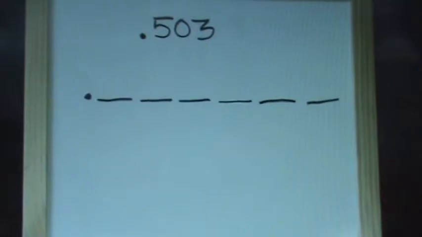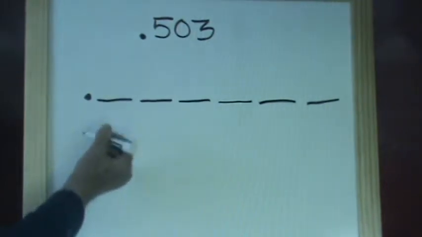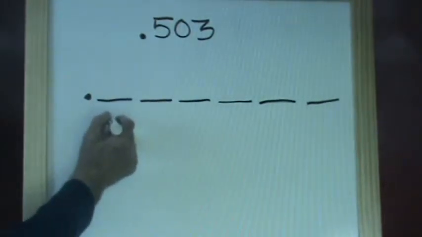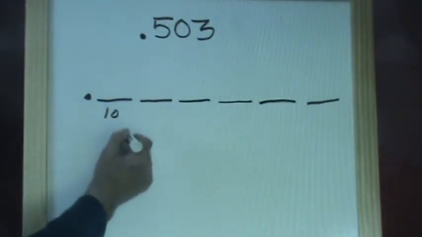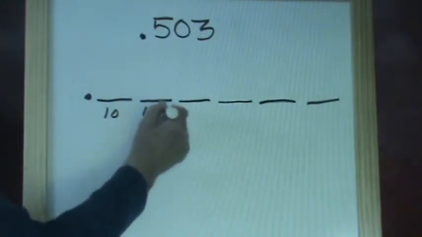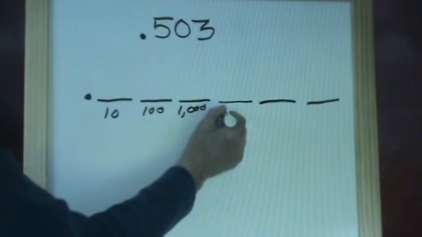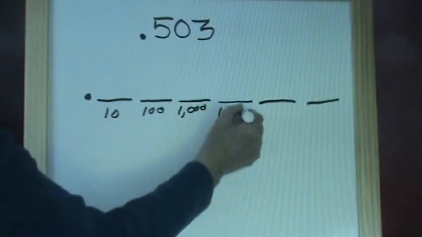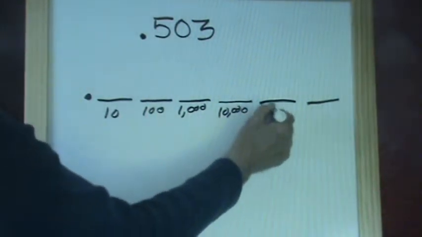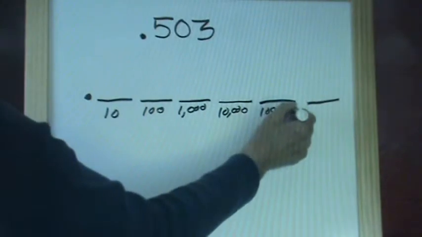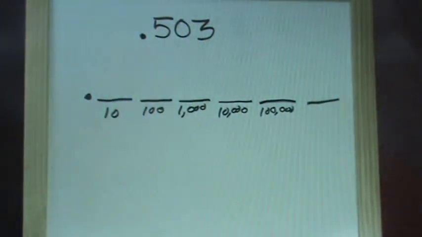Here's an example. We have the decimal place values, and if you remember, the first place to the right of the decimal point is the tenths, the second is the hundredths, the third is the thousandths, the fourth is the ten-thousandths, the fifth is the hundred-thousandths, and then the millionths, and so on.